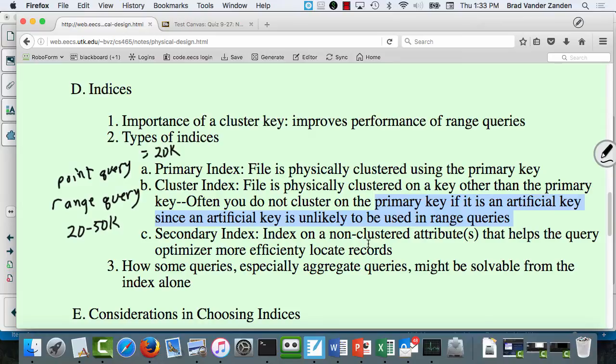And for that, we would still like to avoid a linear search through the file, because disk reads are expensive, and doing a linear read means we're going to do a lot of block accesses. So we'd like to do better than a linear search, and for that, we use what are called secondary indices. So those are indices on non-clustered attributes.